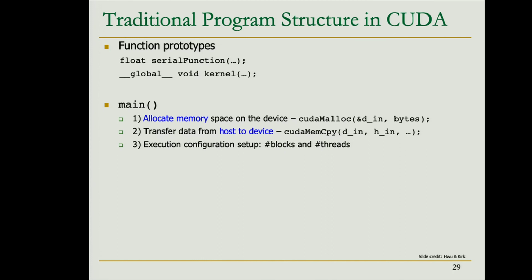So in this case, we would be talking about 1 million threads. And each of these threads is going to read one row of matrix A, one column of matrix B, perform the dot product, and store the result in the corresponding element of C, right? So the total number of threads that we need for this operation is 1 million.